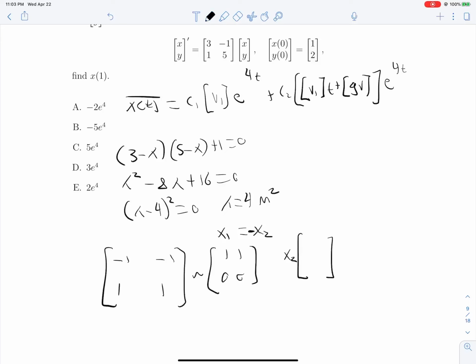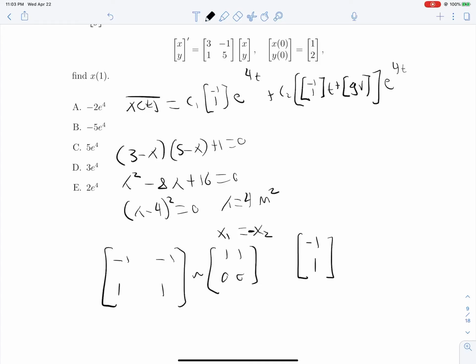So x2 is equal to negative 1 x1, and it's equal to 1 of itself. So there is our first eigenvector. We can go up here and replace v1 with negative 1, 1, and also this one.